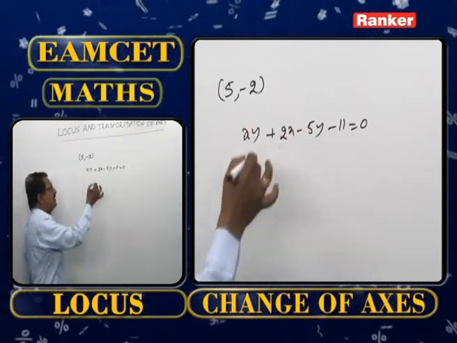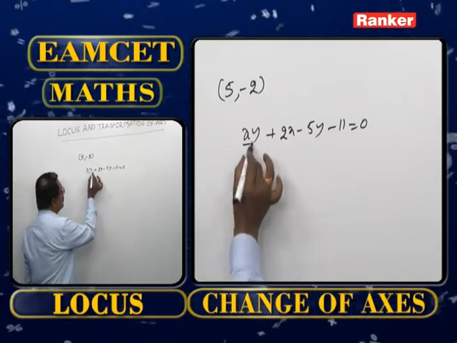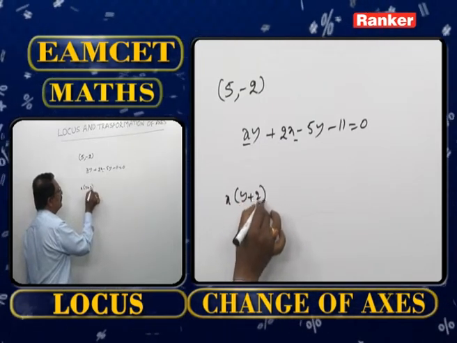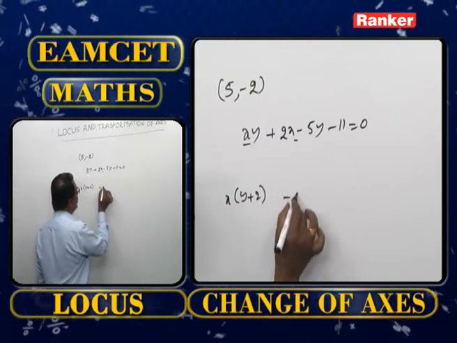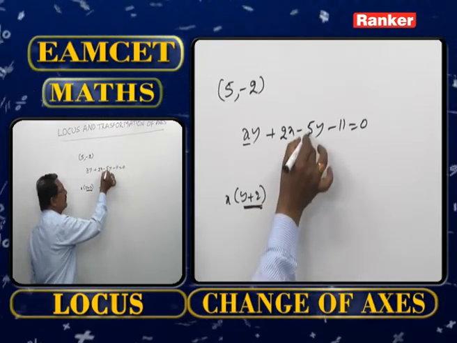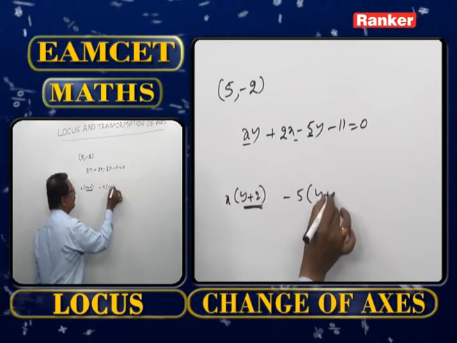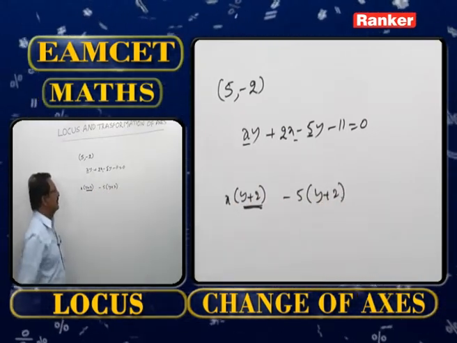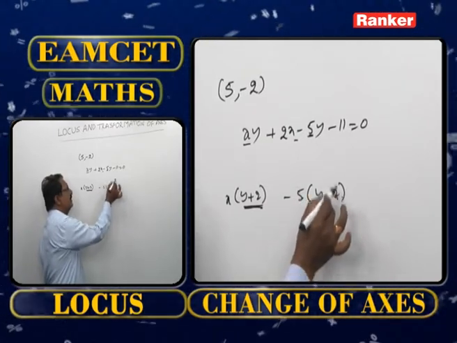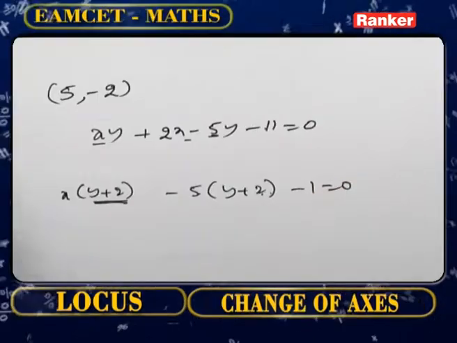In the same previous problem it can also be done otherwise. In the first two terms, take x common: x(y + 2). Next, -5 into (y + 2), with the coefficient of y written as it is, and the remaining constant: -5 into 2 is -10, but here it is -11, so -1 equals 0.